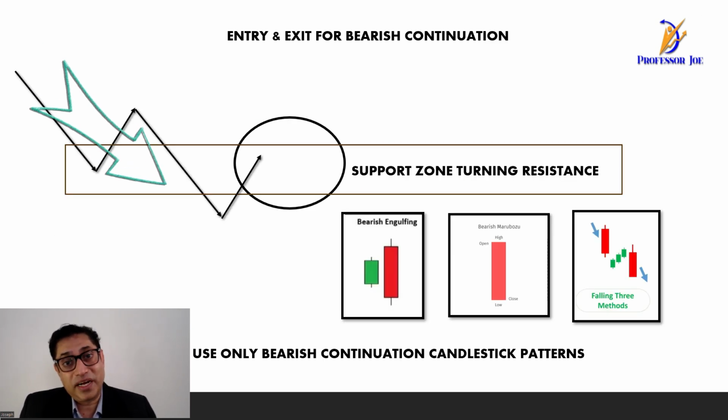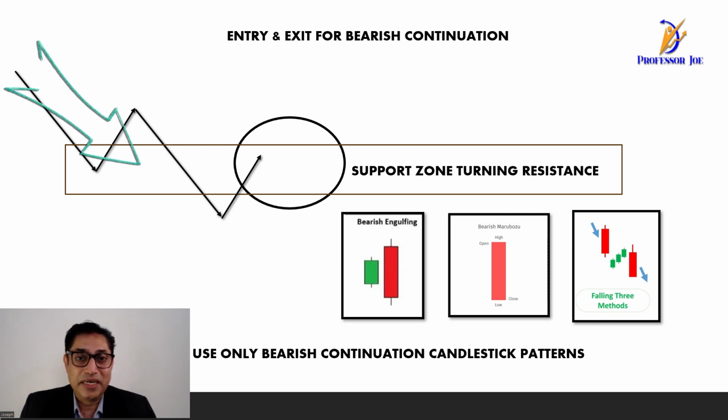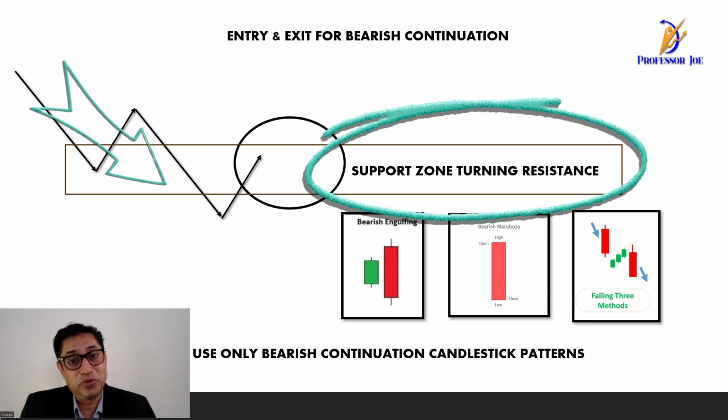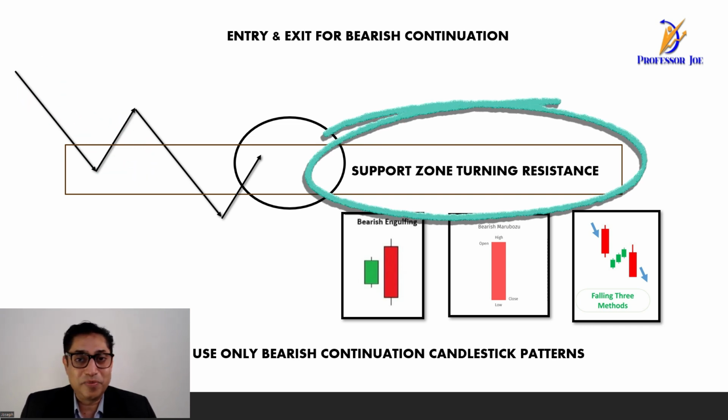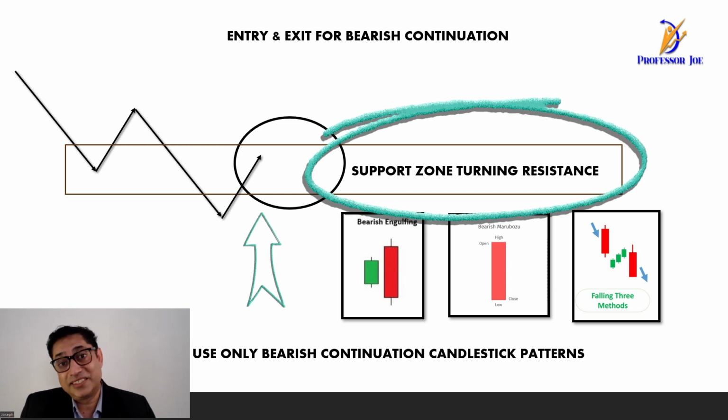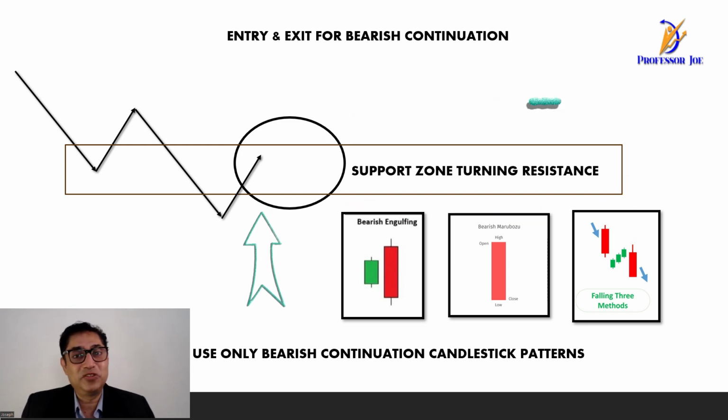Now, continuation pattern. The price is coming down, it goes back up, it has created a support zone. Then the price breaks the support zone and goes back up into that support zone, which has now become a resistance zone.